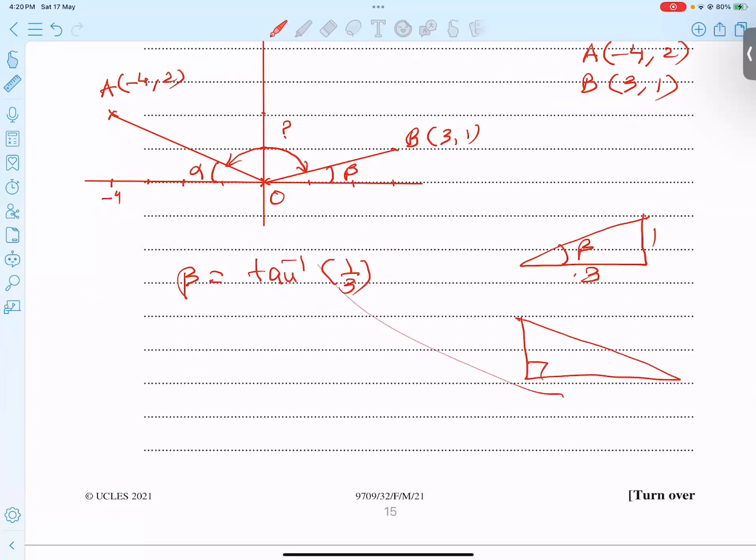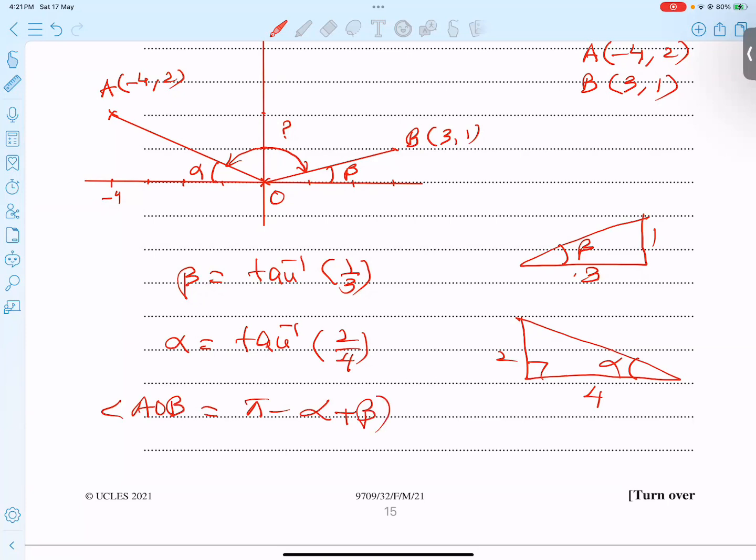Let's talk about the other part. I talk about this triangle, so 4 and 2. This is called alpha. Alpha is equal to tan inverse 2 over 4. Don't take the negative sign. And what is the plan? To get angle AOB, it is pi minus (alpha plus beta). Pi minus, in the bracket, tan inverse 2 by 4 plus tan inverse 1 over 3.